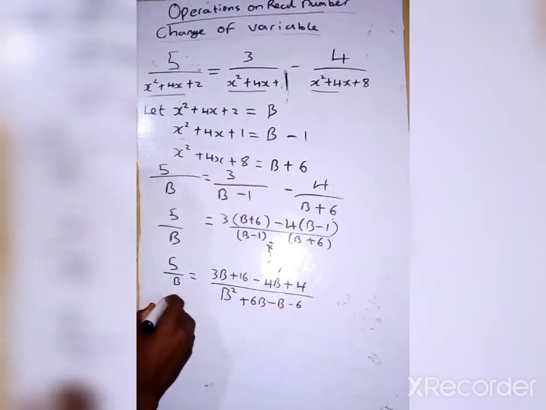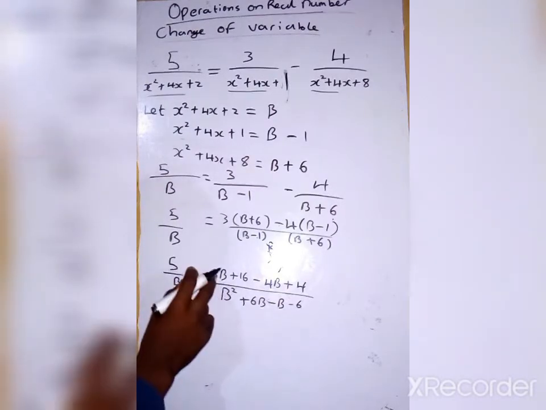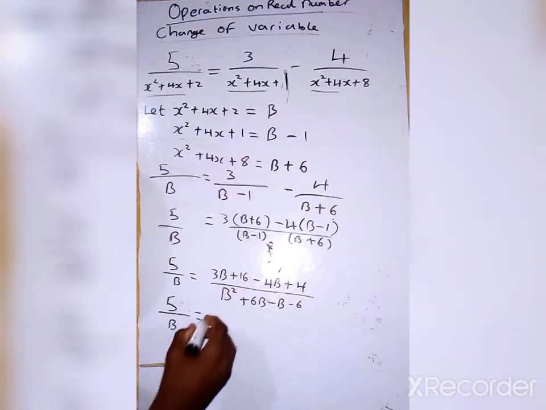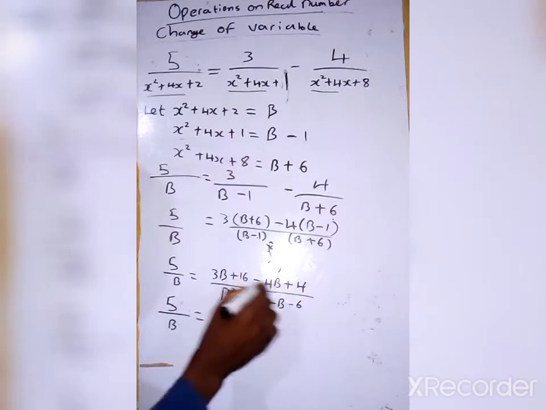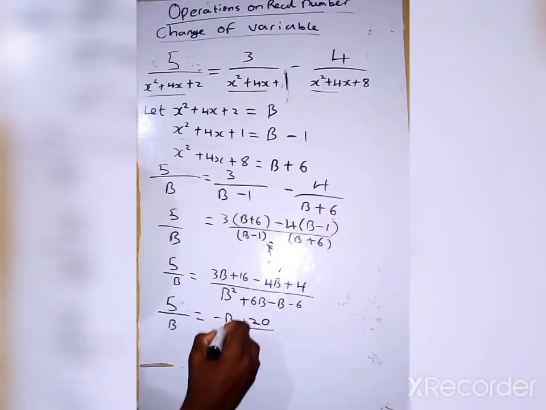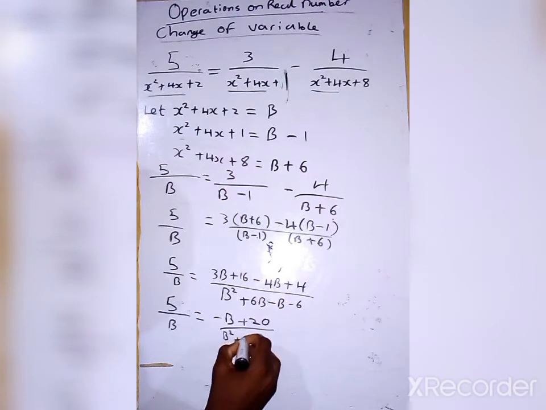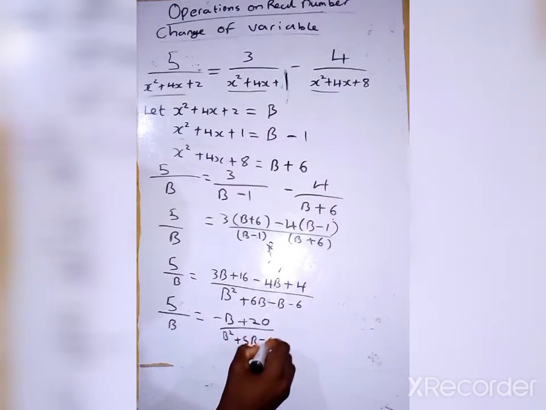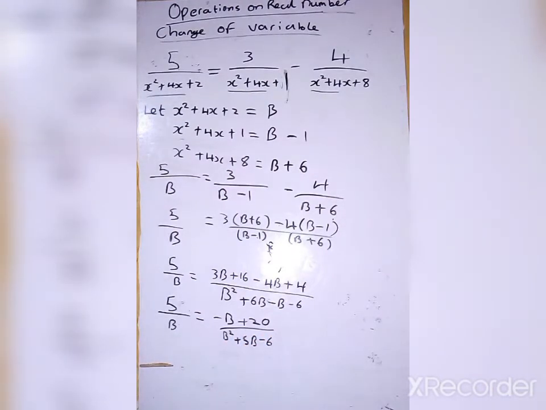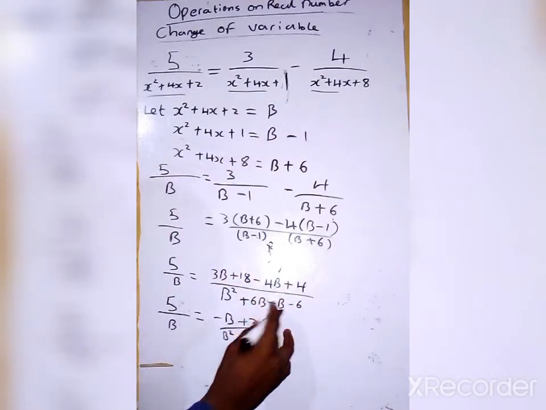Now we have 5 over b, which is equal to 3b minus 4b, which is minus b, plus 18 plus 4, which is 22, over b squared plus 5b minus 6. And this one is 18, not 16, so it gives 22.